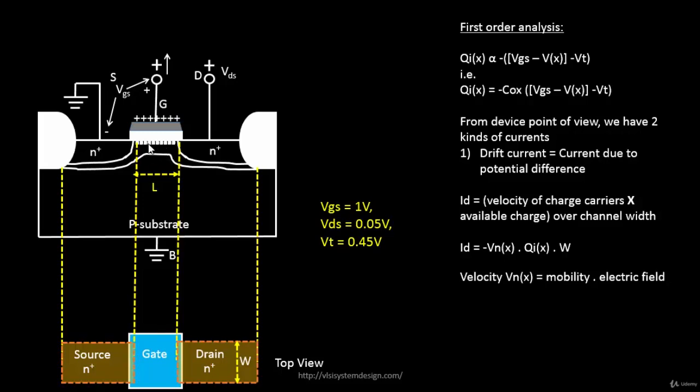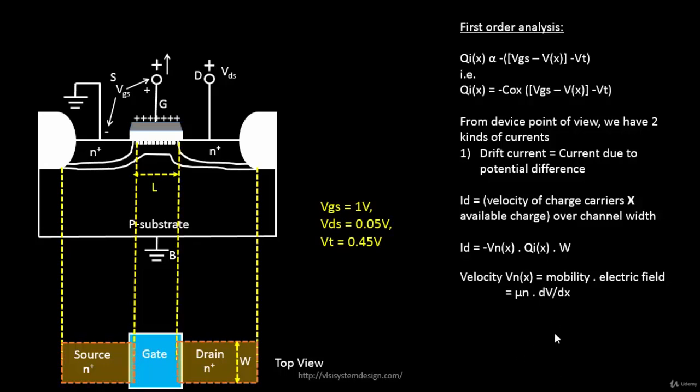So over a small distance there is a change in the voltage, and as a result of the change in the voltage, your velocity differs. That's why velocity is proportional to the electric field, and the constant is denoted by mobility, and mobility is a constant for electrons and holes, for charge carriers. So velocity will be given by mu n into dv by dx.